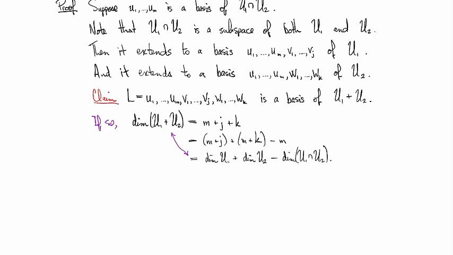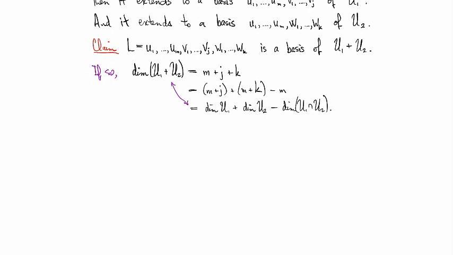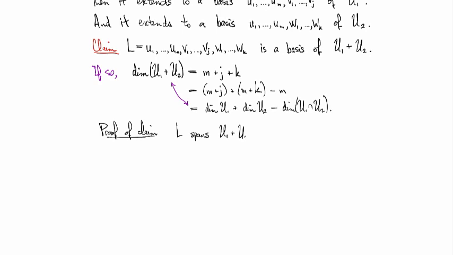So let's get some space going on and go for it. Proof of claim. All right then. So first off, we'll look at the proof that L spans the sum. Okay.